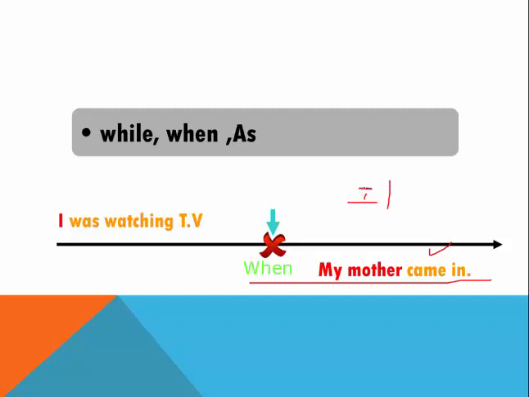Mother came here at this point, and something else was going on at that time: I was watching TV. For the point in time in the past we use simple past, came, the second form of the verb, and what was going on is described with was or were and the ing form of the verb.